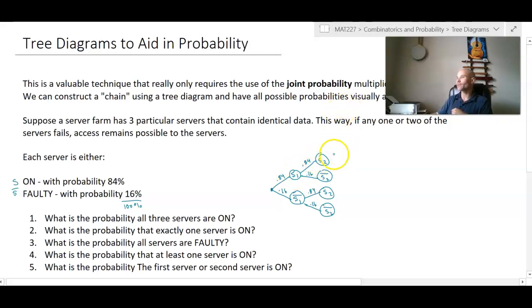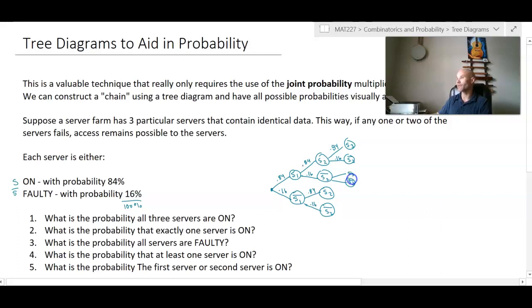And if server 1 and server 2 are both on, here comes server 3. Server 3 could be on or it could be faulty. And that's going to be 84% chance that it's on, 16% chance that server 3 is faulty. Now, if server 1 is on and server 2 is faulty, server 3 could be on or faulty.